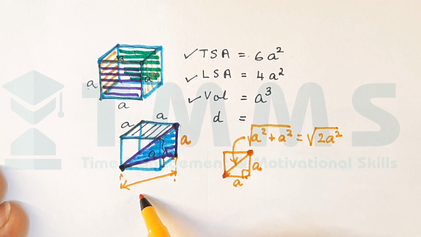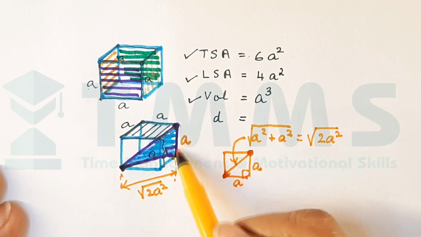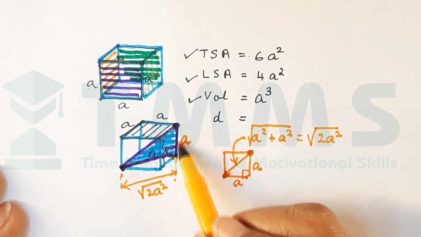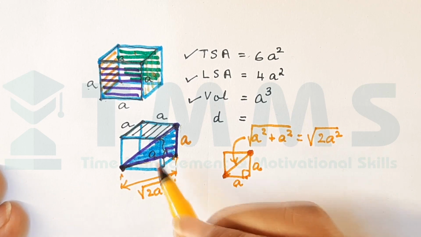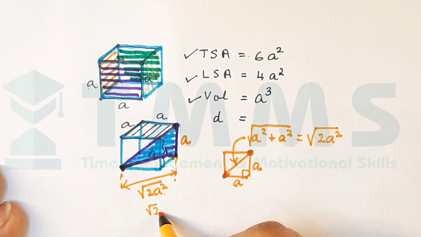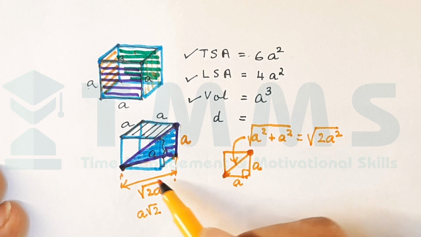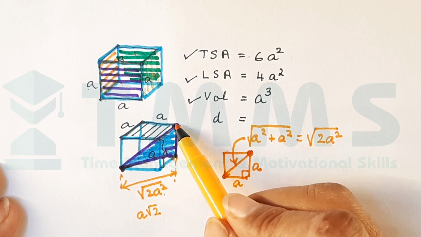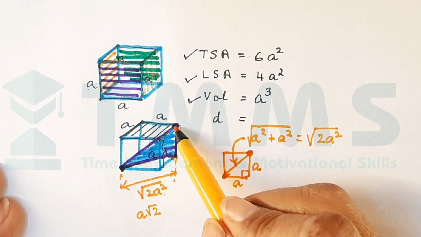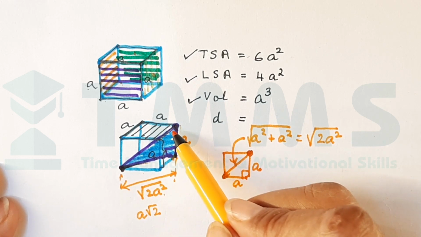Now if you look at this triangle, one side is A, the other side is under root 2a squared, which means it is root 2 into a, that is a root 2, this side. And so this one will be the hypotenuse of this triangle, which is nothing but the diagonal of the cuboid.